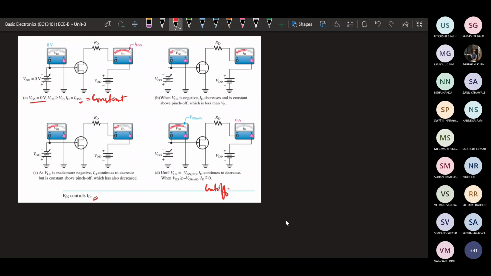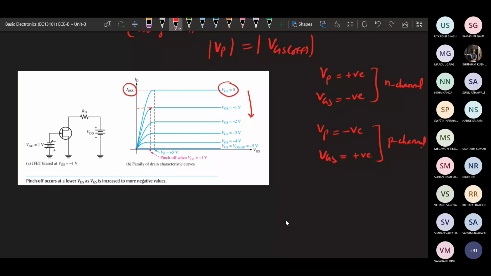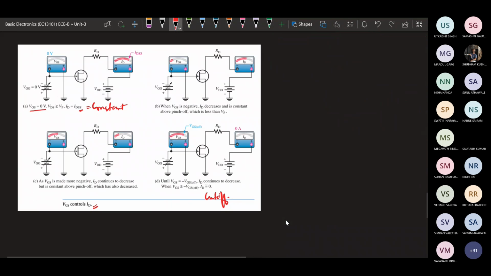So up to VGS(off) the current is further going to reduce, but beyond VGS(off), the current is almost 0. ID is almost 0. So this is the point called the cutoff point in case of JFET.